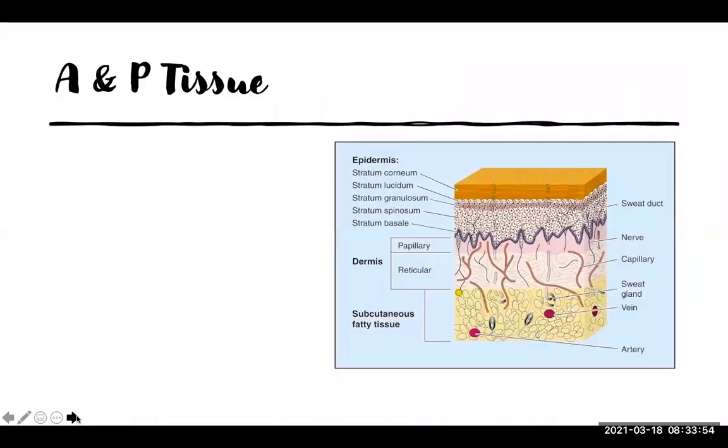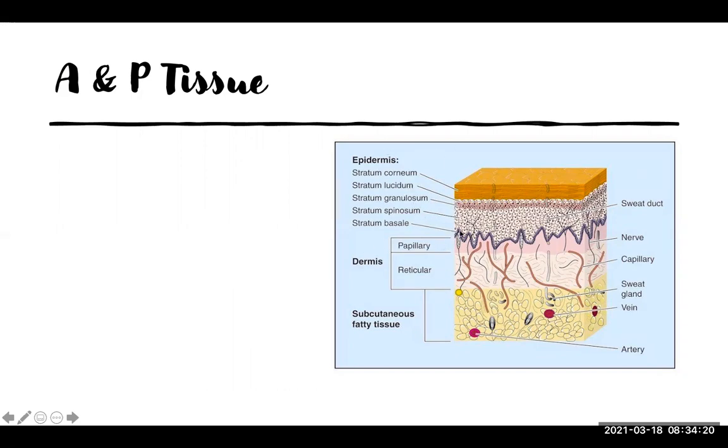This is just a little reminder of the anatomy of the skin. The skin's a very complicated organ. It is, as you remember, the largest system in our body. So just to go over the diagram briefly, the epidermis, the top layer of our skin, actually has 7 different layers to it. These are different names of cells that make up the epidermis.